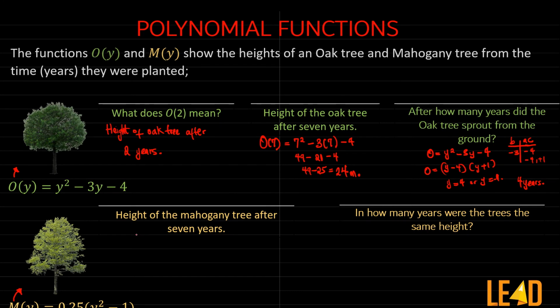Okay, height of the mahogany tree after 7 years. Okay, so this is straightforward. M of 7, which is 0.25 bracket 7 squared minus 1, which would be 0.25 multiplying 49 minus 1, which would be 0.25 by 48. 0.25 I know is 1 over 4, right?